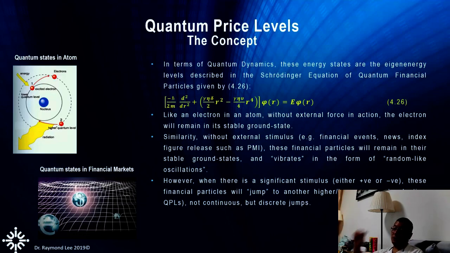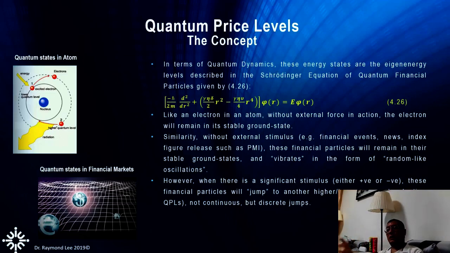And that sort of thing is controlled by these beautiful Schrödinger equations, which relate the price return together with the energy level in terms of very beautiful eigenfunctions. However, when there is a significant stimulus, in either direction, this financial particle will jump from one energy level to another one.